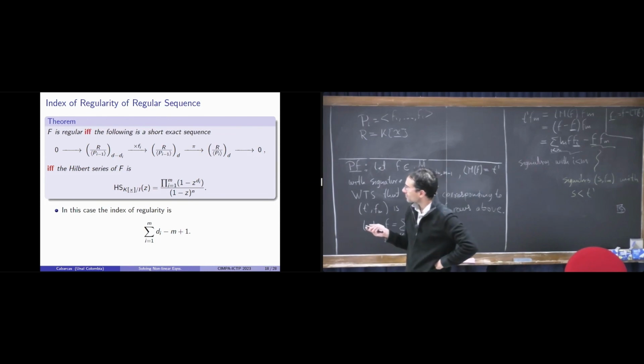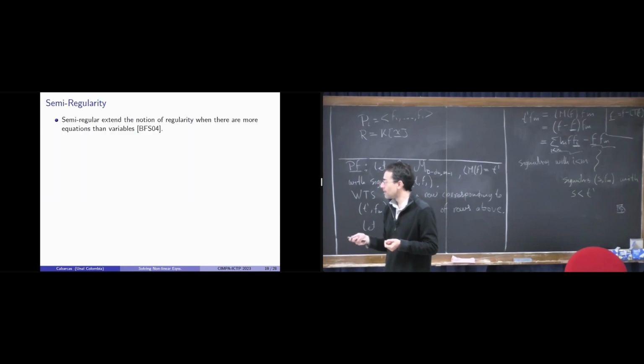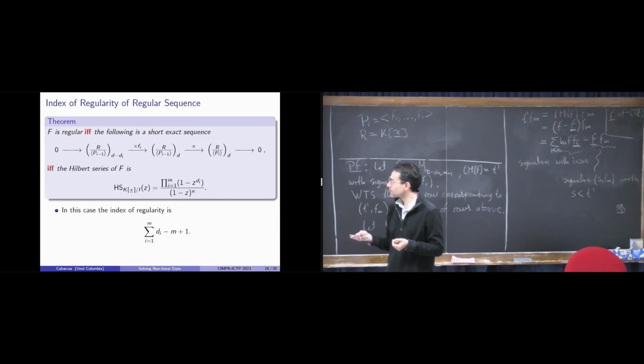Now, this only works for sequences where we have fewer equations than variables. Because if the number of equations is greater or equal to the number of variables, the dimension of the ideal is finite.